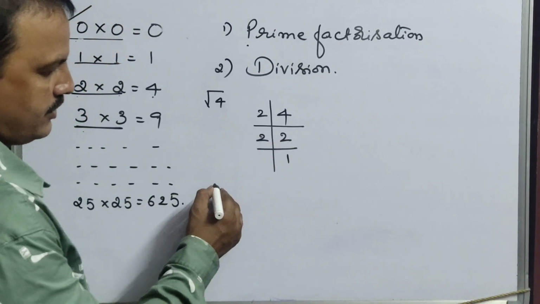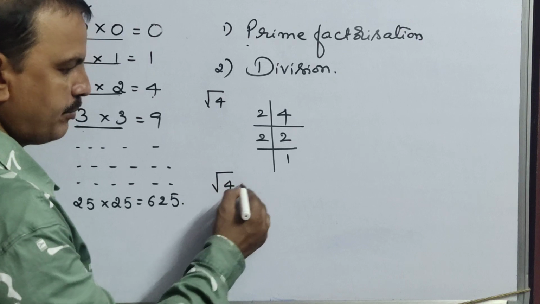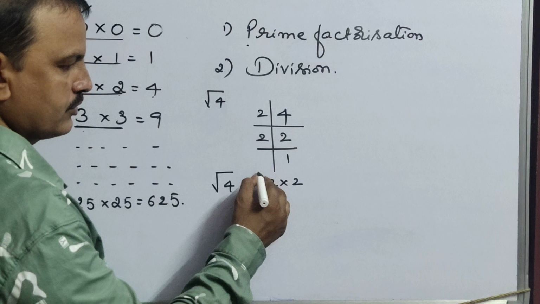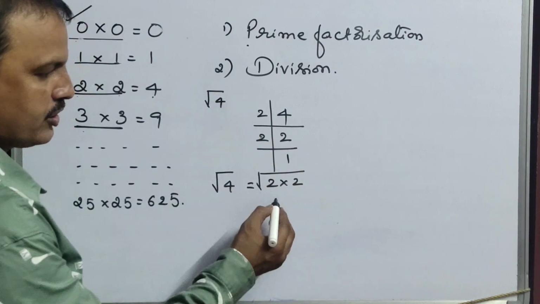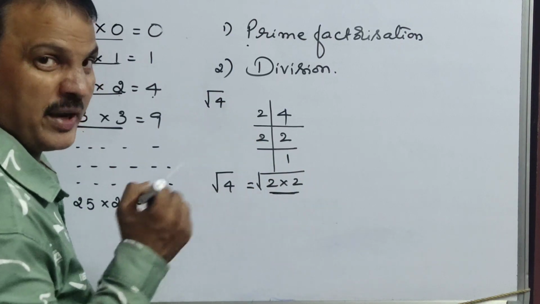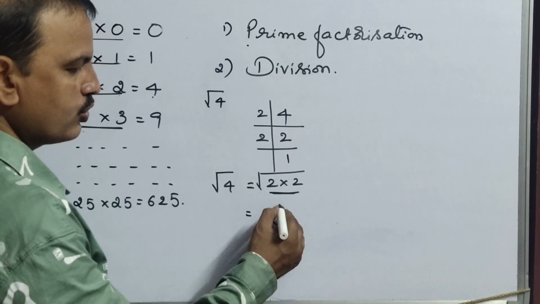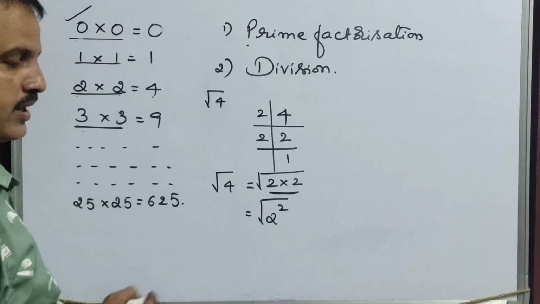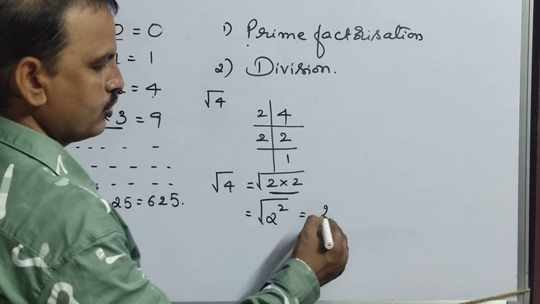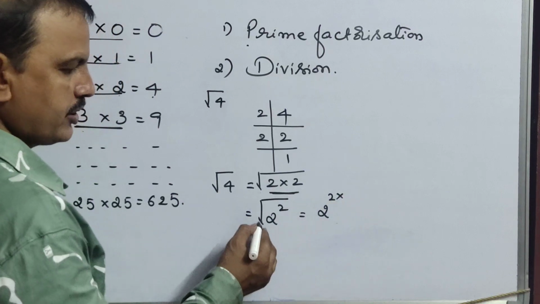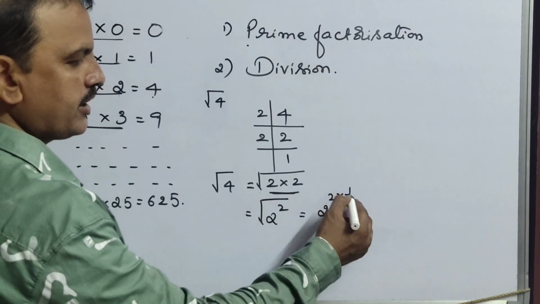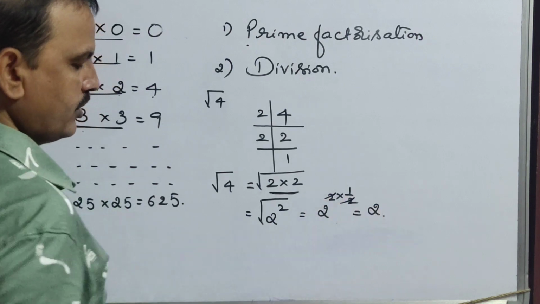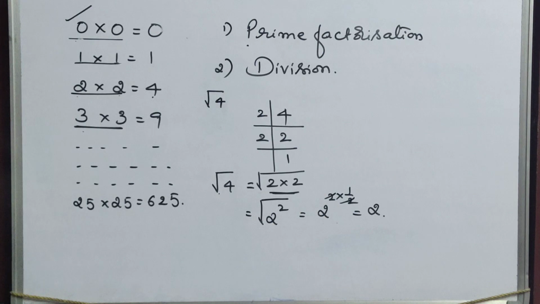Okay, that means the square root of 4 can be written as 2 into 2. If you observe clearly, there are 2 twos, that means a pair. It can also be written as 2 square. As I told you, 2 square with the square root symbol can be written as power 1 by 2. So the 2s get cancelled. So the answer is 2. That means the square root of 4 is 2.